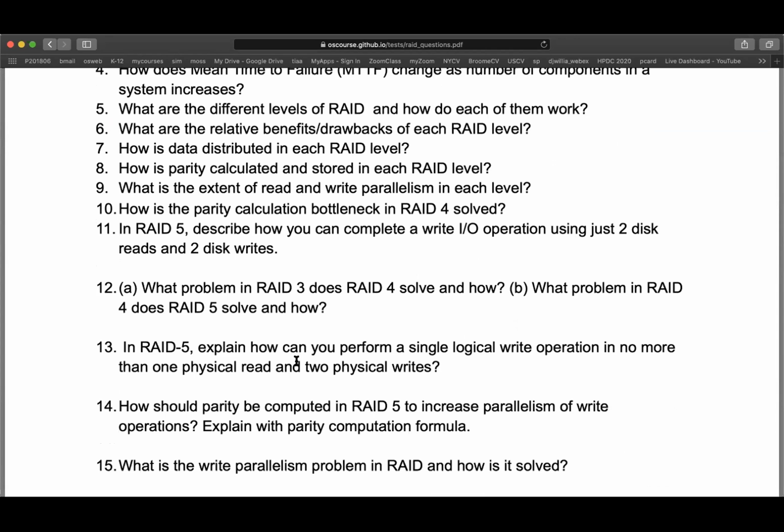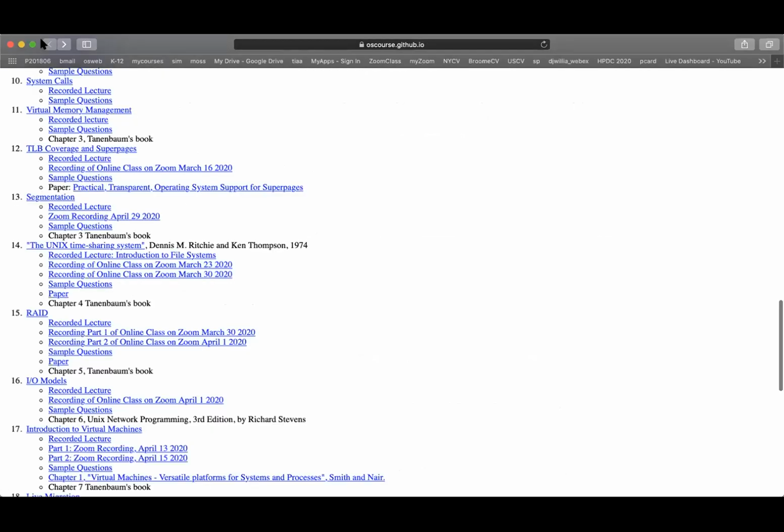How do different levels provide parallelism, how is the parity information computed, how is the parity information distributed, and all those things? Okay. Any questions on this?